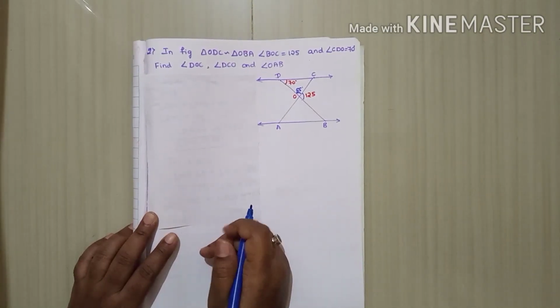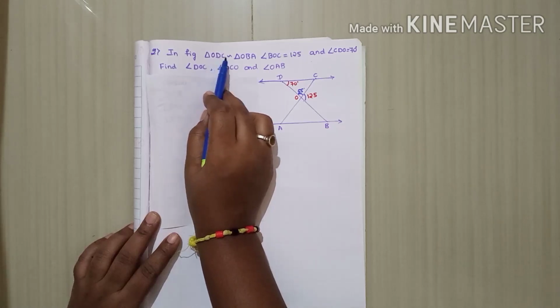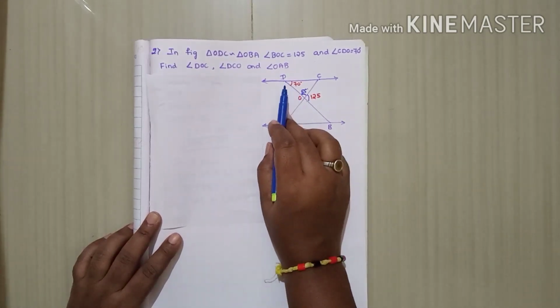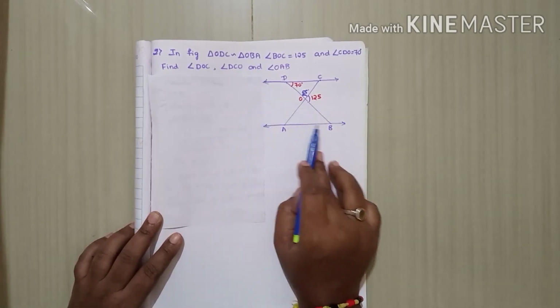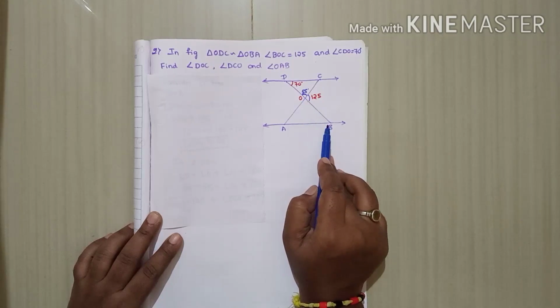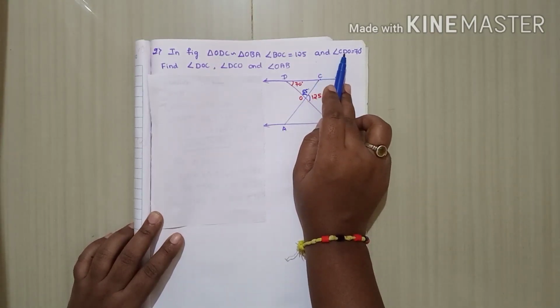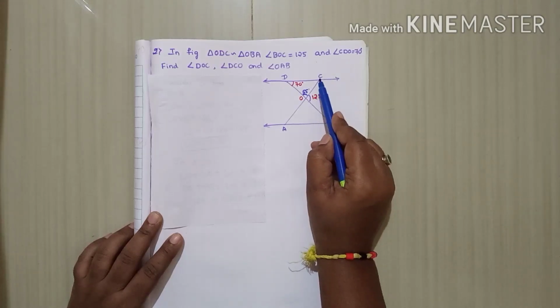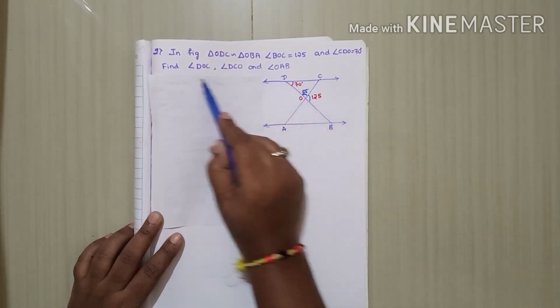Now you see the second sum. In the figure, triangle ODC is similar to triangle OBA, and they have given the diagram also. CDO is 70 degrees, they have given.